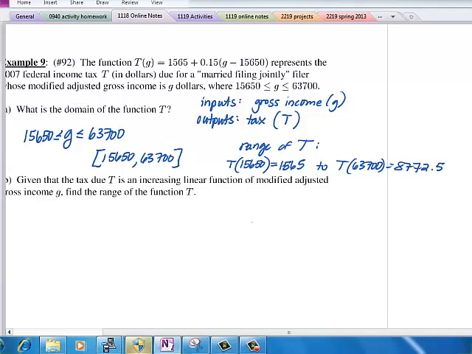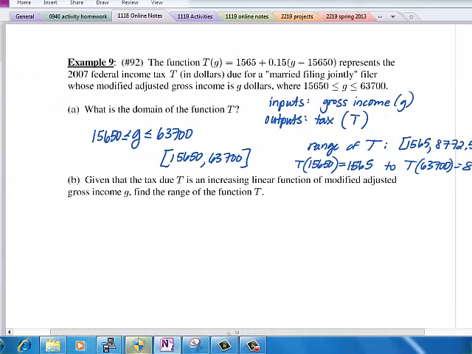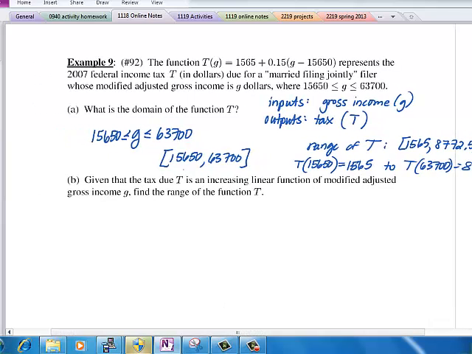So the range for this function t is 1565 to 8772.5. And those are tax values. So the income range is our domain, and the output range, those tax values, are our range for the function.